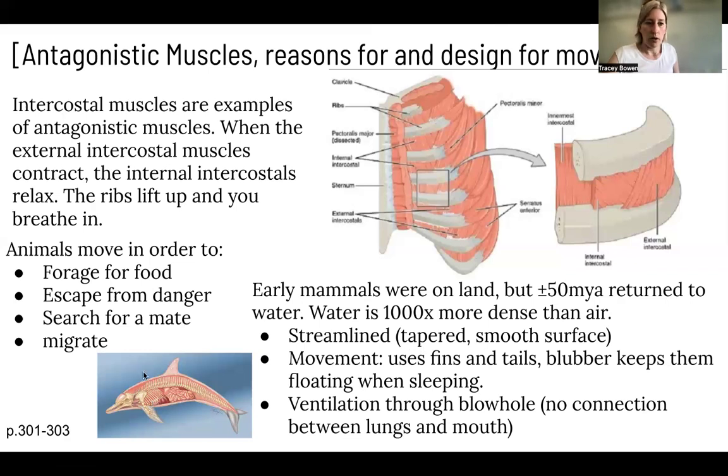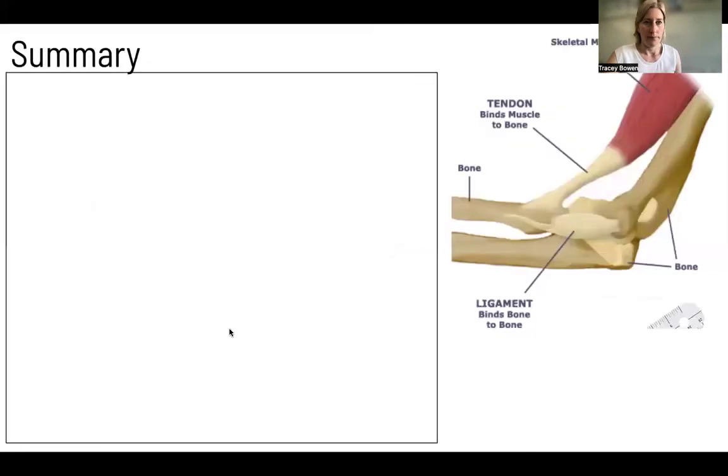So thinking about a dolphin structure, they're tapered and have a smooth surface. Their movement uses fins and tails, but their blubber, which is the fat layer underneath their skin, keeps them floating when they're sleeping. And then ventilation is happening through a blowhole. Their mouth and their lungs are not connected. They're not breathing through their mouth. They're instead breathing through a hole on their head.